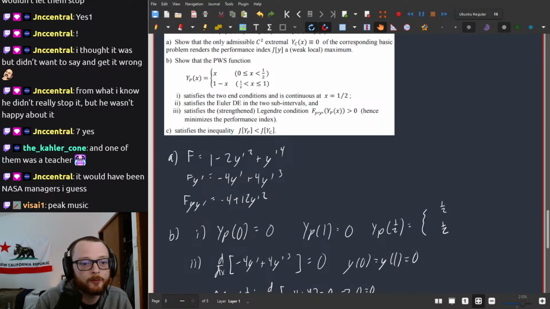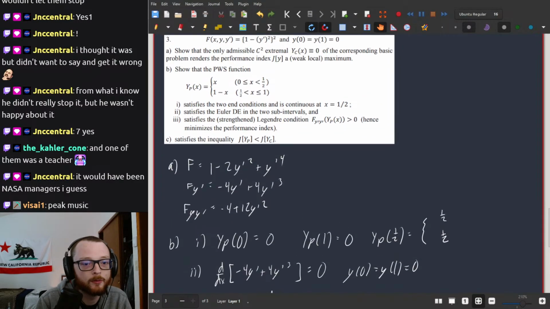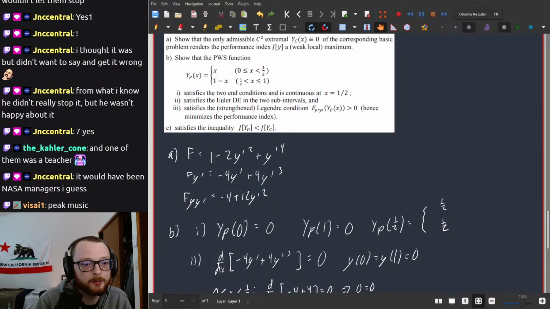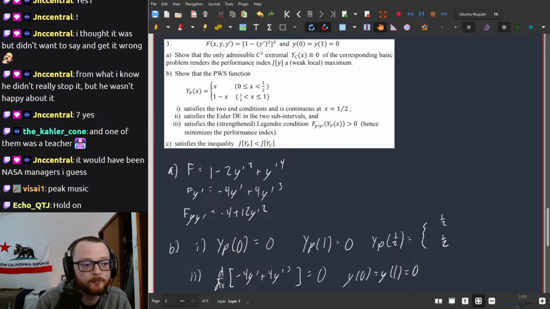The strengthened Legendre condition, hence minimize the performance index. Okay, this is where things are gonna get tricky. Tricky dicky. Holding? I guess I'm not holding. This is f y prime y prime.